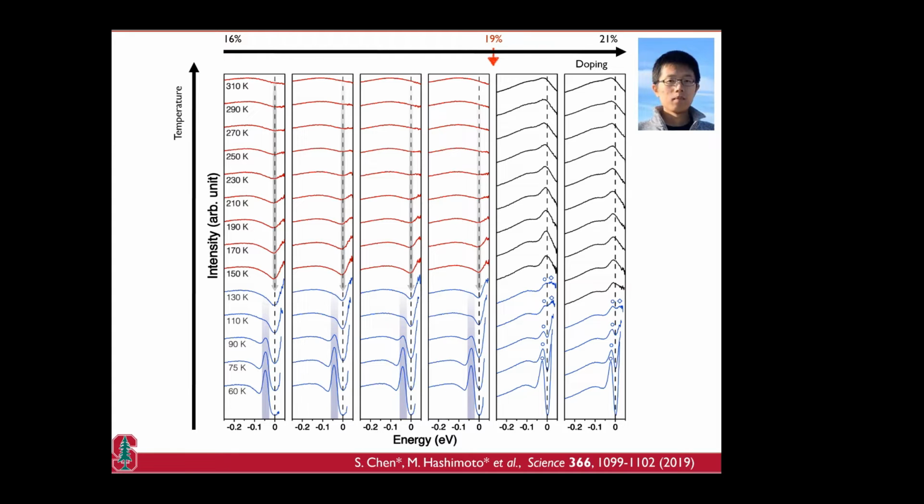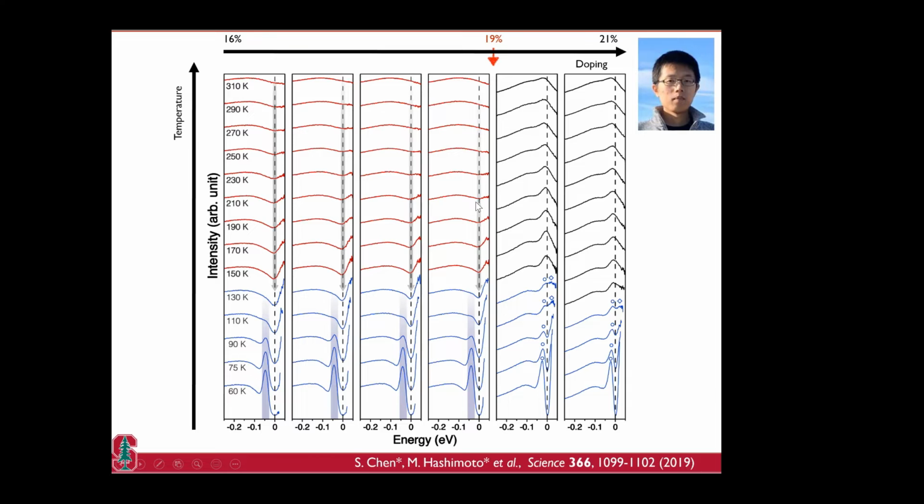Several things worth noting. At a big scale, you find that if you really look at the low temperature, the difference is more subtle. There are differences, okay? The more dramatic difference reveals itself at higher temperature in the normal state.